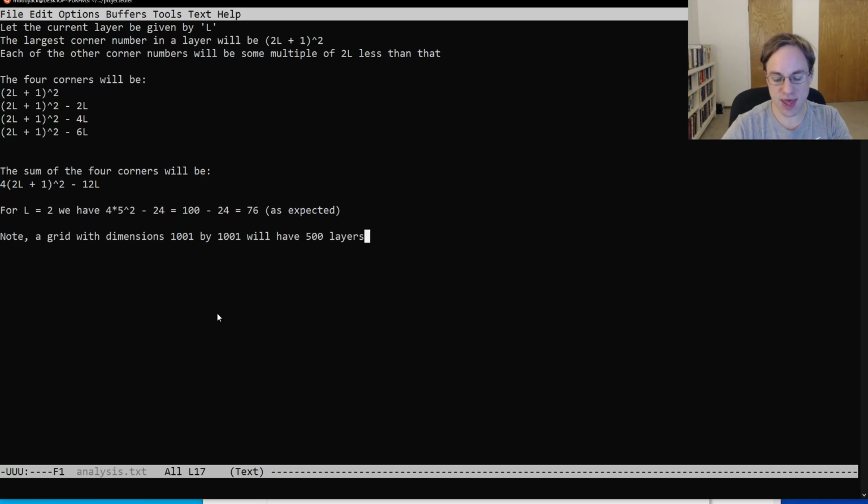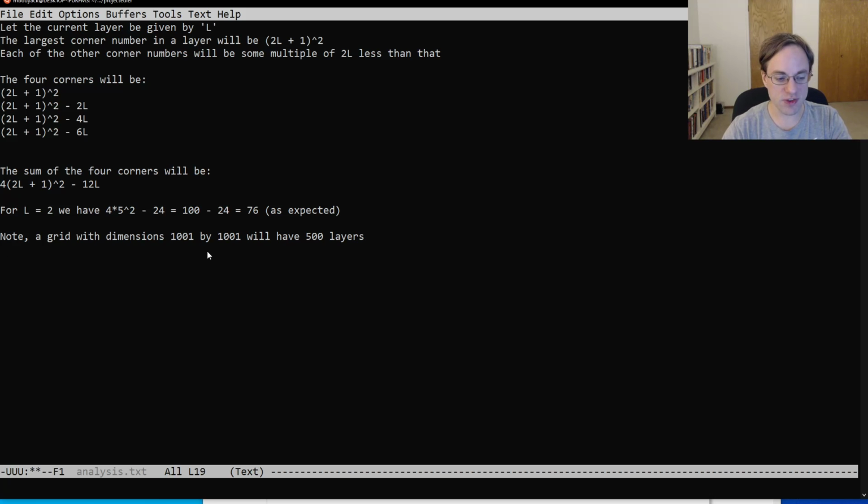The way that I got that is just by observing that if it's 1001, that means that we have the 1 in the very center, and then each layer is going to have both a left-hand side and a right-hand side. And so that's 1001 minus 1 divided by 2, which gives us 500 layers.